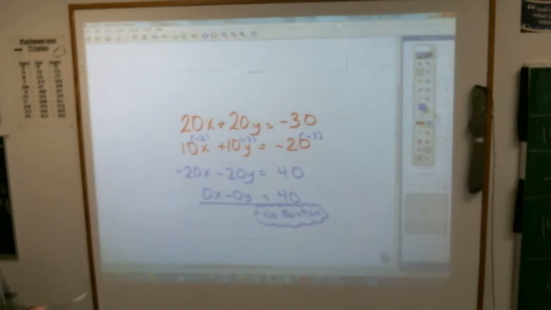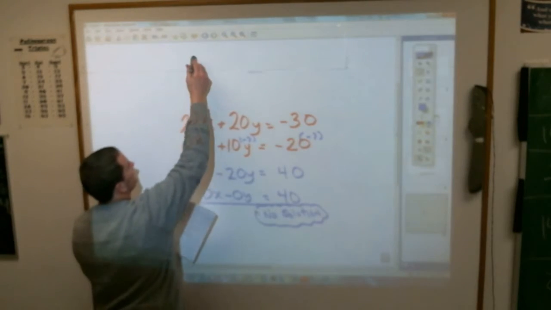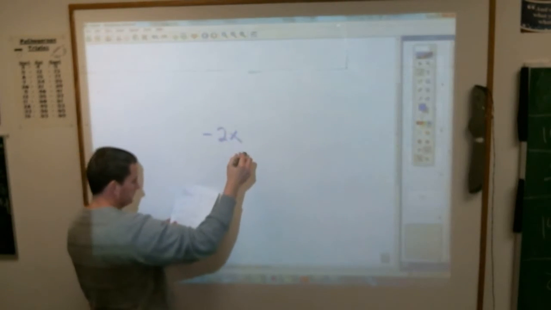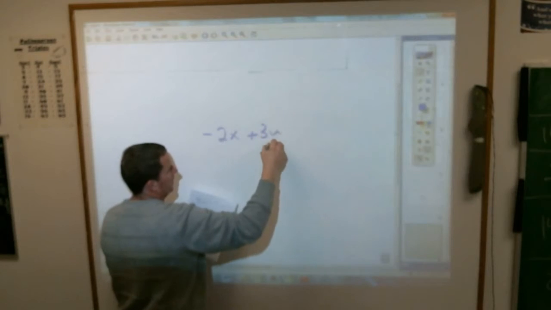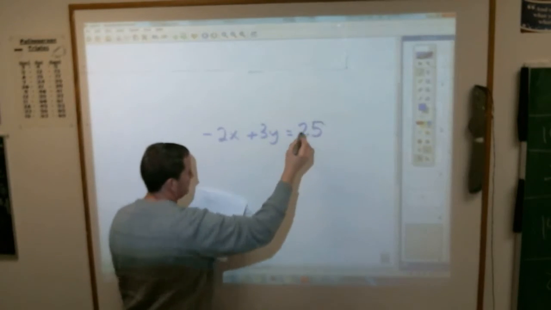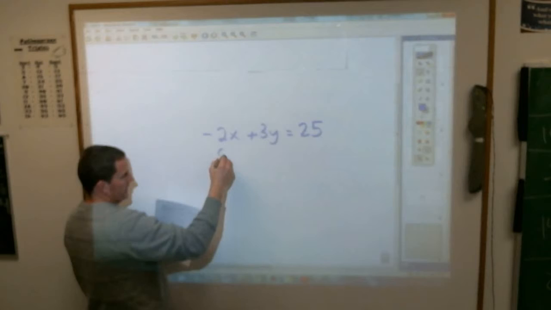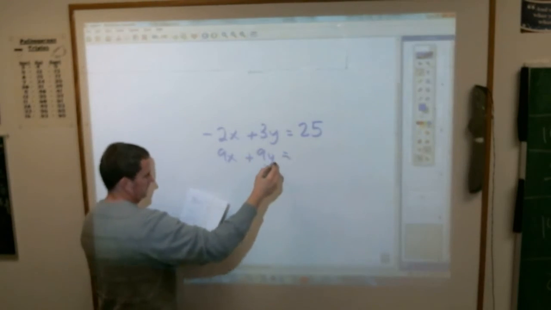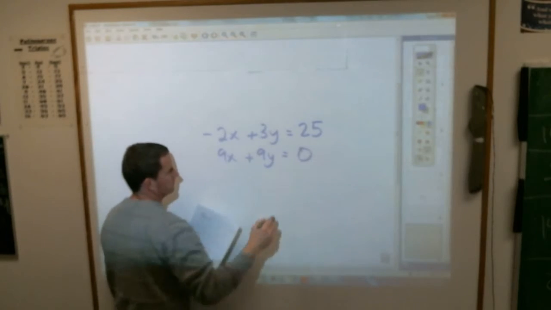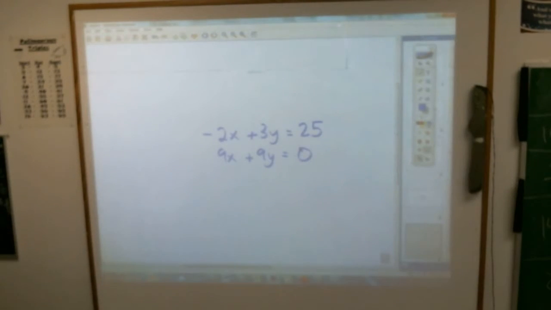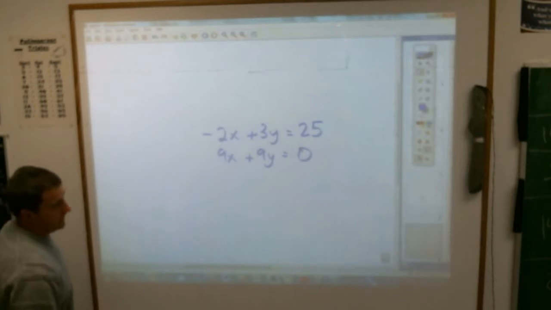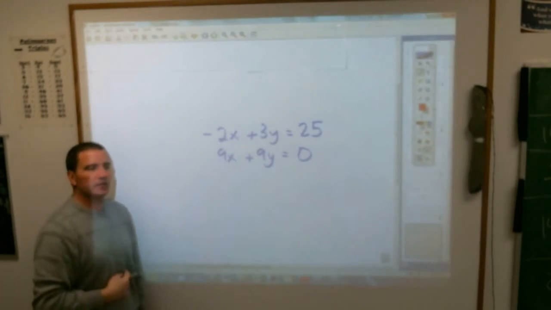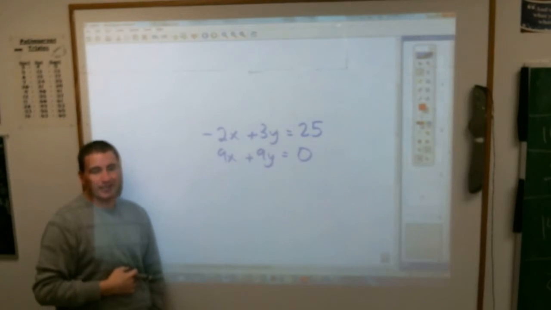Let's find another one. How about 12? Negative 2x plus 3y equals 25, and 9x plus 9y equals 0. Again, in elimination, you are looking for what you can do to get the letters to go away.